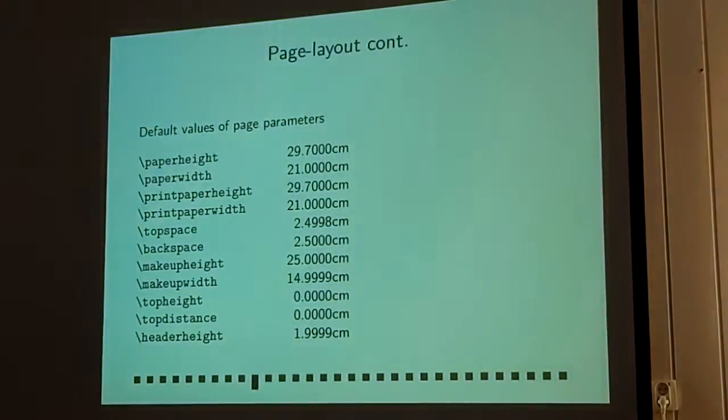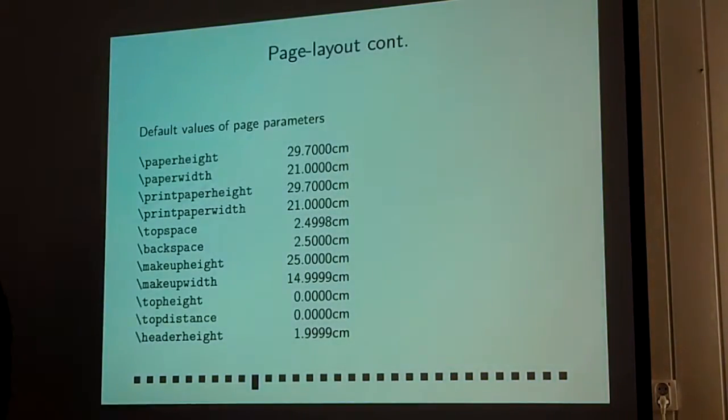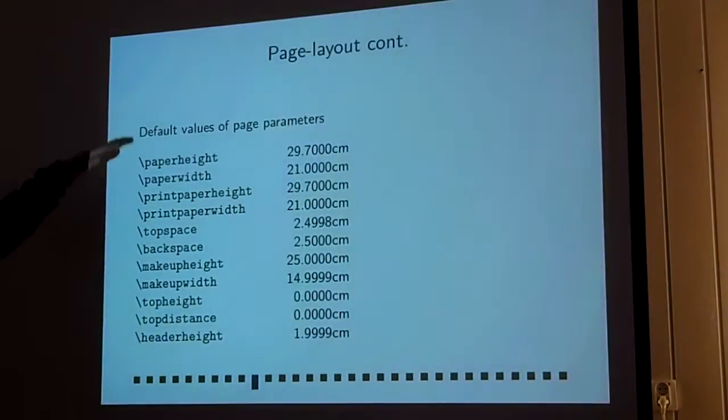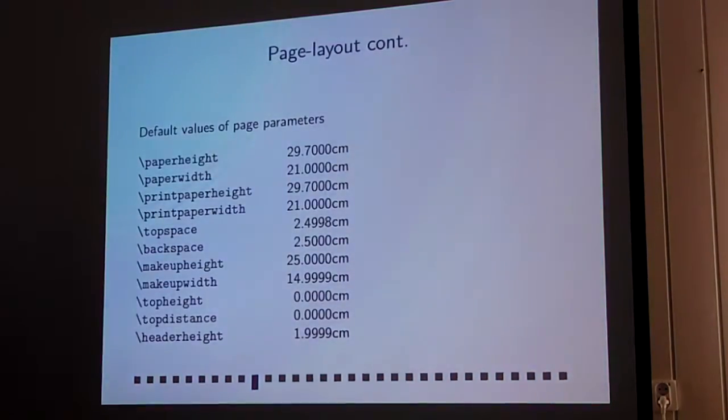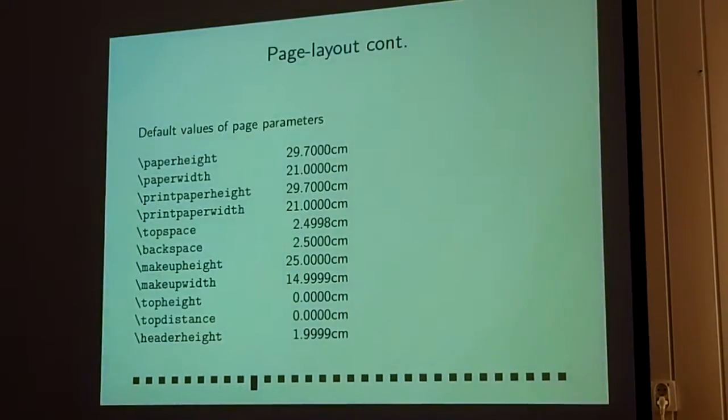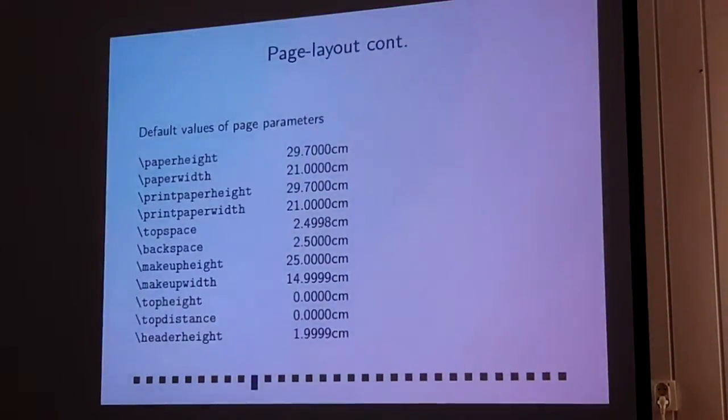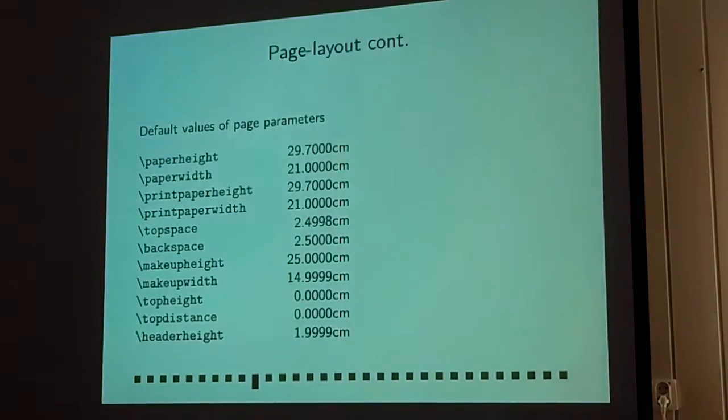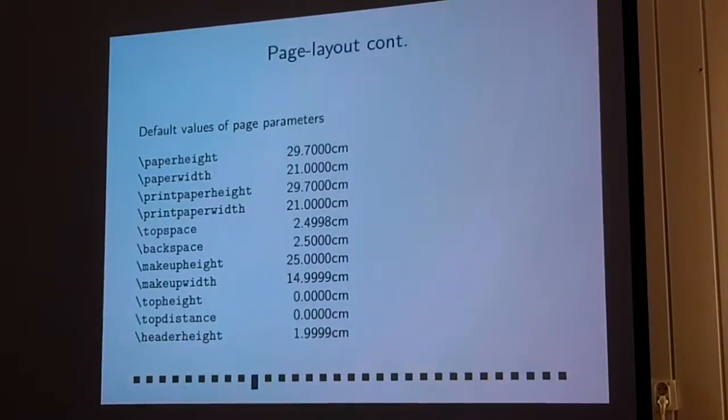Just type show layout in our trial file, and then you will get, of course, more pages of output, and you get a lot of parameters which are there. Of course, you can put it anywhere in the file, after text, before text, or anywhere, because it will read it and will produce that output.